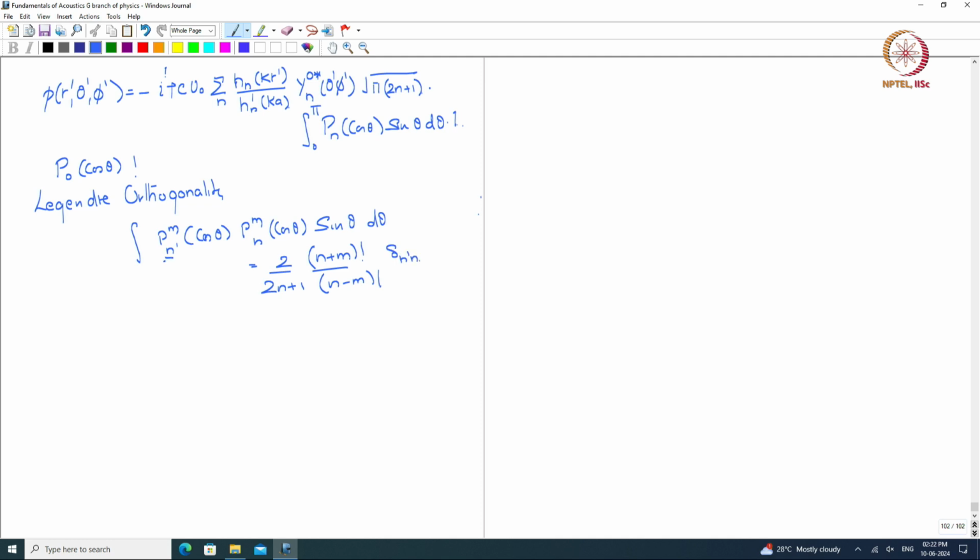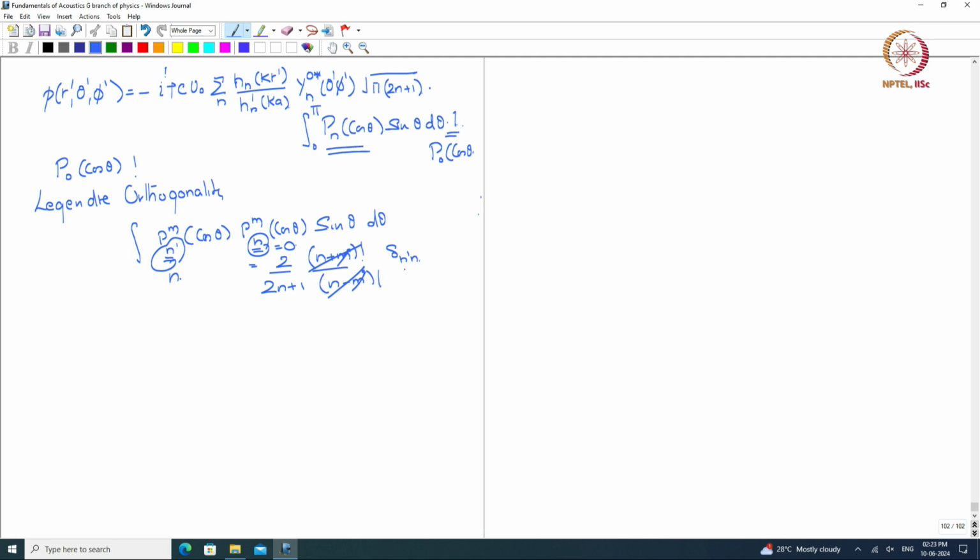So, these two must be same. In here m is 0, m is 0. If m is 0, this term entirely cancels, okay. And now the 1 is P0 of cos theta. So, let us say n dash is n and this n is equal to 0. That is what we have here, Pn cos theta and a 1.